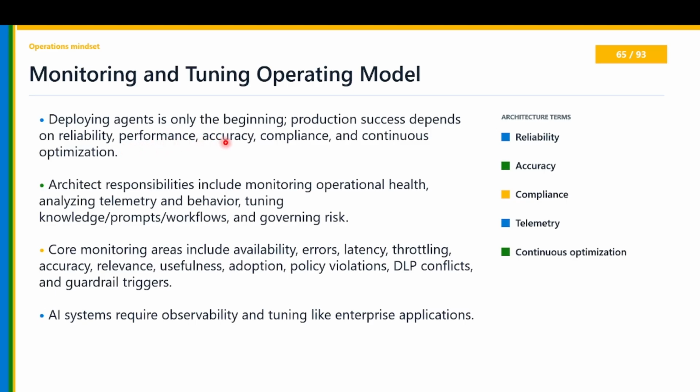So let's look at the point we have here. Deploying an agent is only the beginning. Production success depends on reliability, performance, accuracy, compliance, and continuous optimization. If you've done Azure Solution Architect Expert, AZ-305, you learned that reliability, performance, accuracy, compliance, and continuous optimization speak to what we call the Cloud Adoption Framework.